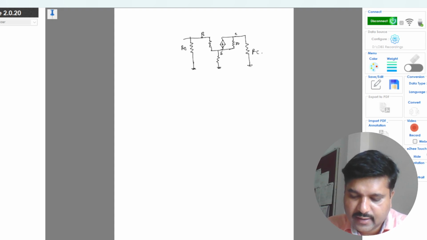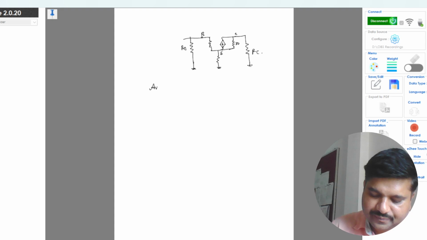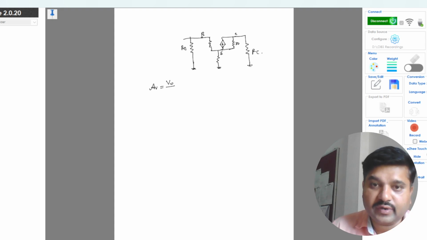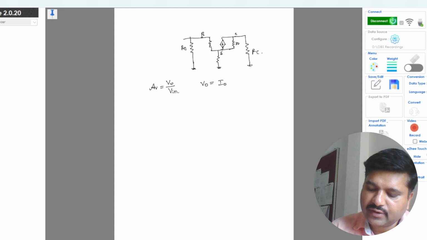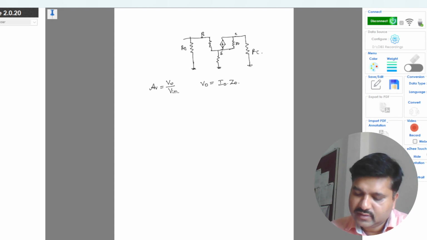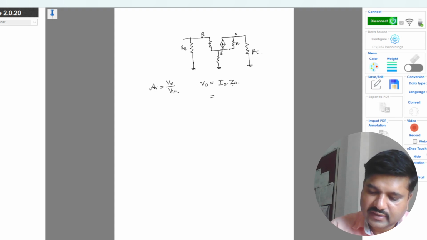Now we are finding the gain of the amplifier circuit, AV, which is nothing but output voltage by input voltage. For this we will consider the output voltage, which is equal to I naught into Z naught. Z naught is anyhow RC, we have approximated that, and I naught is nothing but IC, which is beta times of IB.